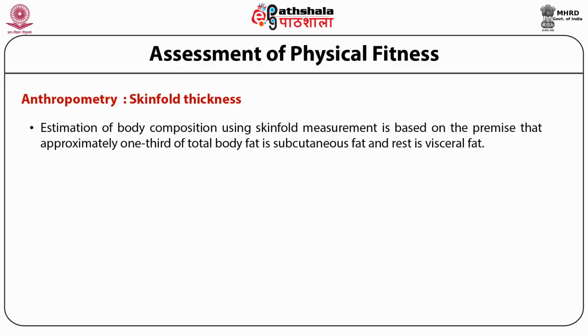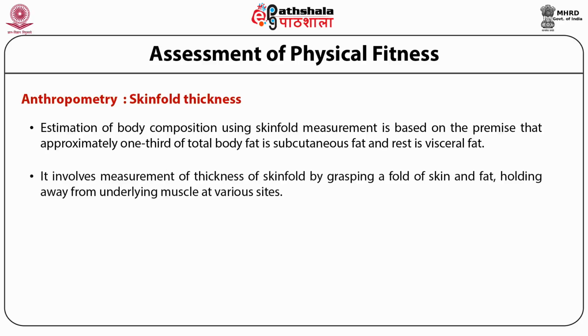The estimation of the body composition using skin fold measurement is based on the principle that approximately 1/3 of total body fat is the subcutaneous fat and the rest is visceral fat or the fat deposited on our body organs.